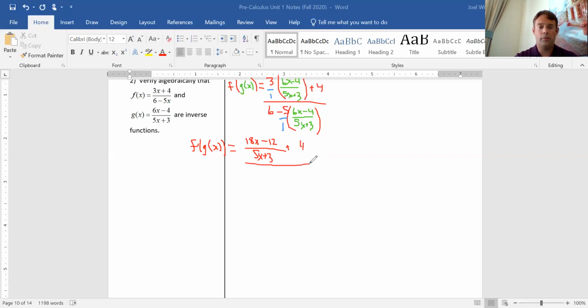And let's see here, I'm going to put this as 6 minus, maybe it doesn't look a whole lot better to you all. So I have a -5. I'm just going to do the 5 right now though. So minus 30x minus 20 all over 5x plus 3.